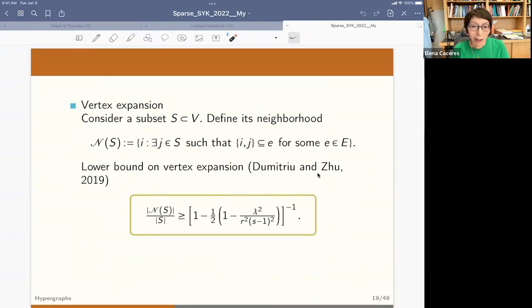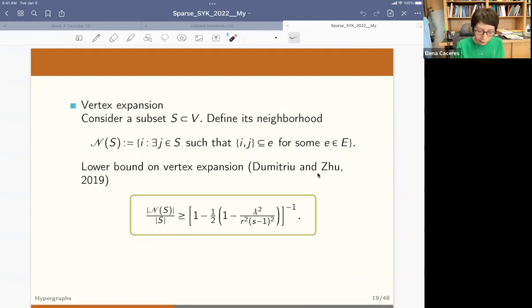And there's another measure, vertex expansion. This one is a little more sophisticated. These results are from 2019. Essentially, you define, given a vertex, its neighborhood: all the other vertices that this vertex is connected to through some edge. Then there is a proven lower bound on the expansion.